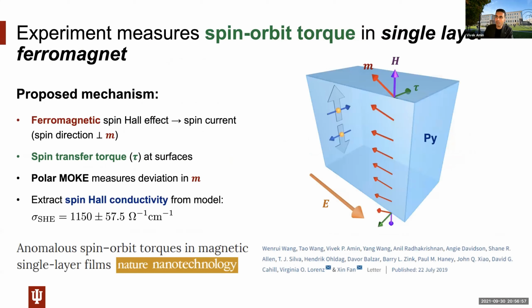My talk was shy of a lot of these experimental details, but effectively what we did was use polar MOKE to measure the deviation in the magnetic field. In other words, if you're not familiar with the magneto-optical Kerr effect, you can send light into this material that will scatter, and based on analyzing the scattered light, you can tell something about the magnetization of the target material.